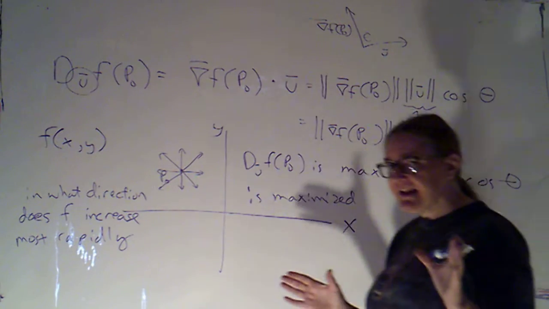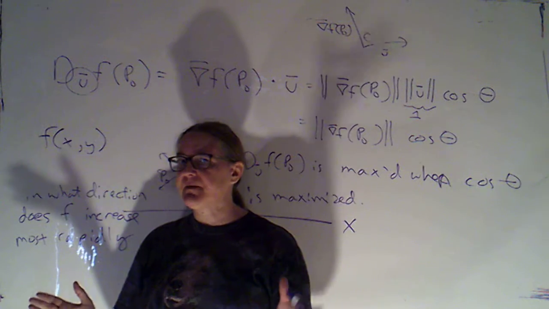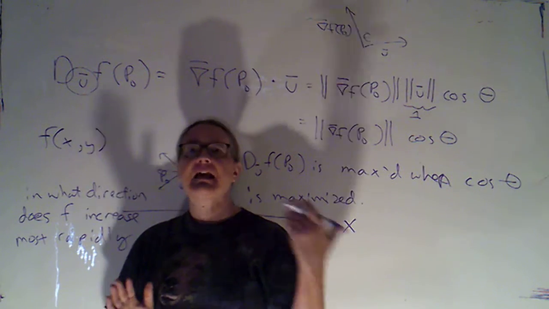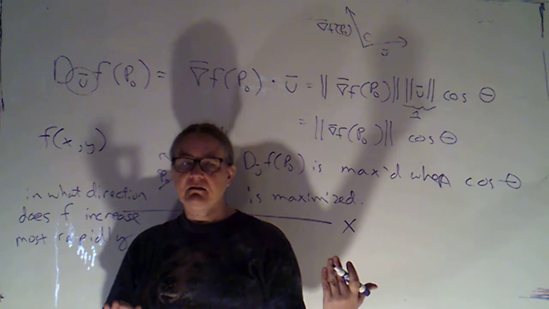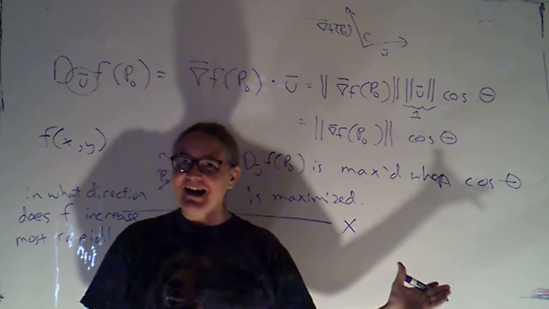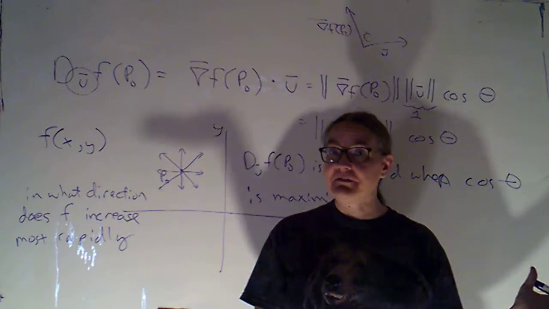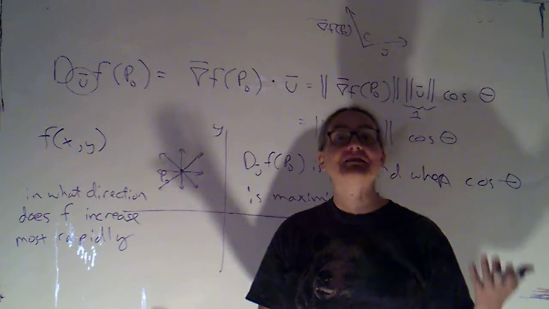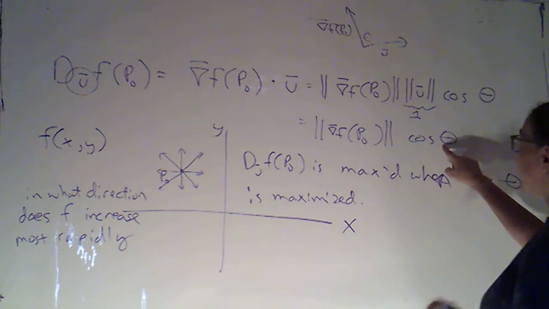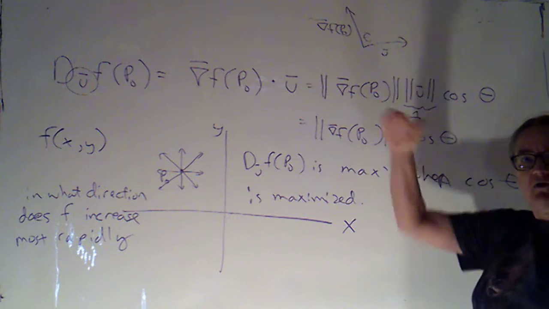But remember, if theta is the angle between two vectors, by definition, theta has to be between 0 and pi. Well, at 0, cosine of theta is 1. At pi, cosine of theta is -1. And in between, it takes on all of the values in between exactly once. I know cosine in general is maximized when cosine is 1.